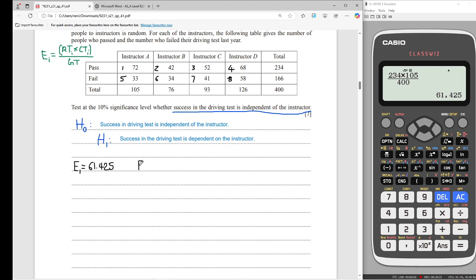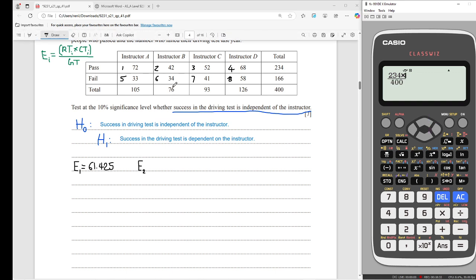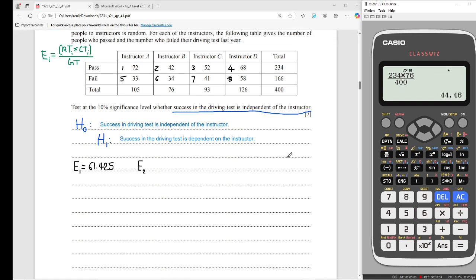Next we need to find E2, and similarly we need to do this for all 8 values. The row total remains the same for E2, however the column total changes, and the column total for the second column is 76. So our expected value becomes 44.46.